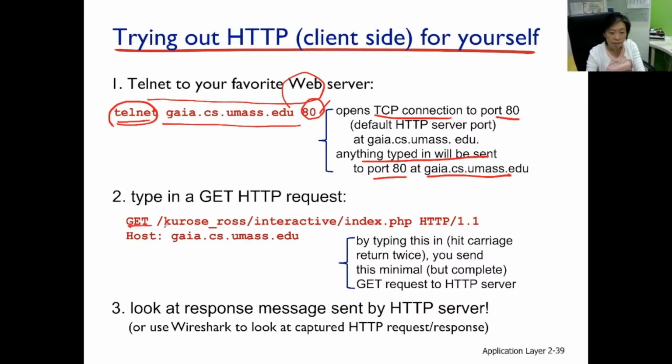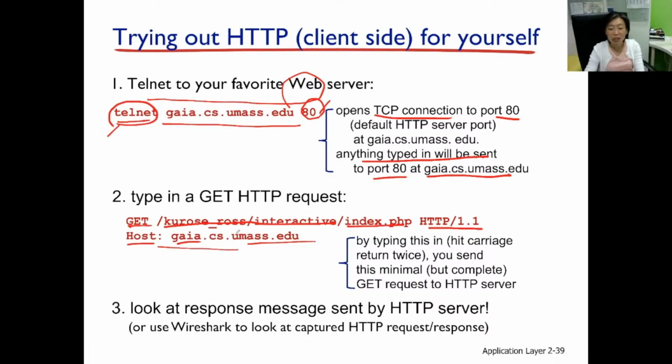GET, with the path name and file name as the argument for the GET command, and then the version of the web browser. So we'll be pretending that the Telnet here is an HTTP 1.1 client, and Host: gaia.cs.umass.edu, so a header line.